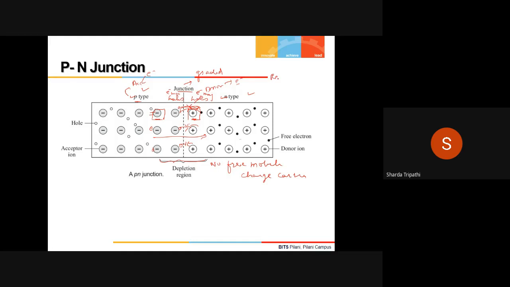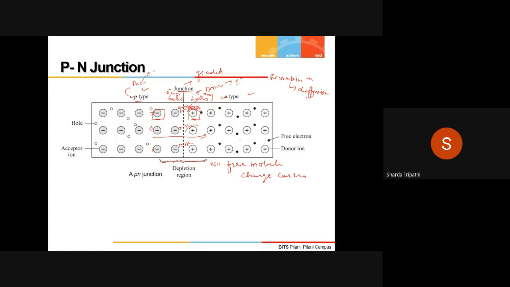This process is known as recombination, where the electrons move towards this side and holes move towards this side, and then they recombine and disappear. This recombination is caused by the diffusion of majority carriers across the junction. This is what we saw in the last class.